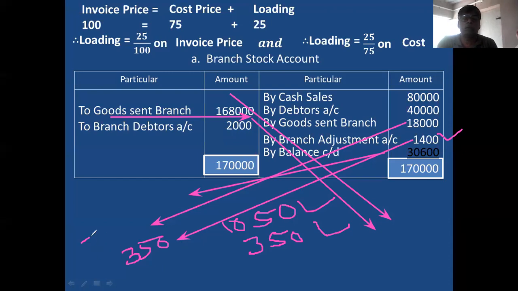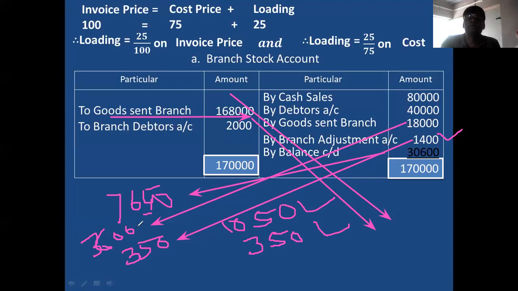Then 30,600 into 25% is 7,650. These are the loading items.